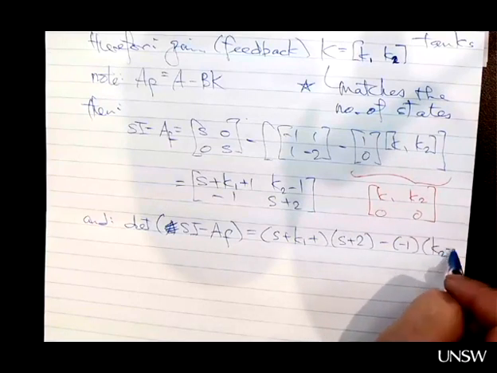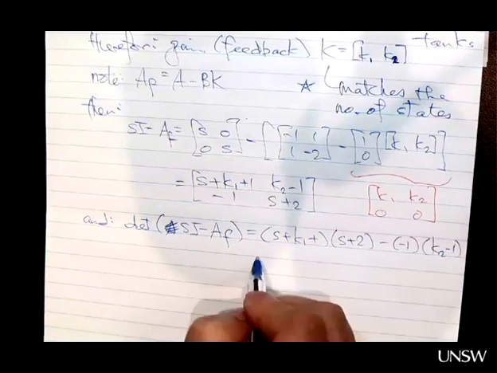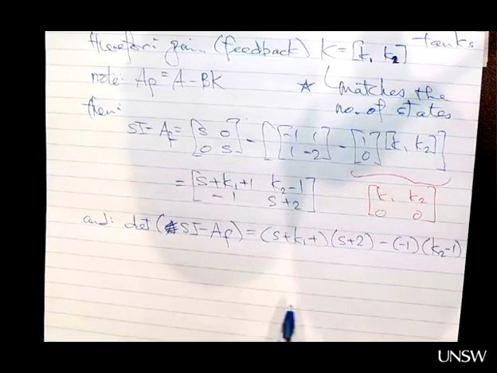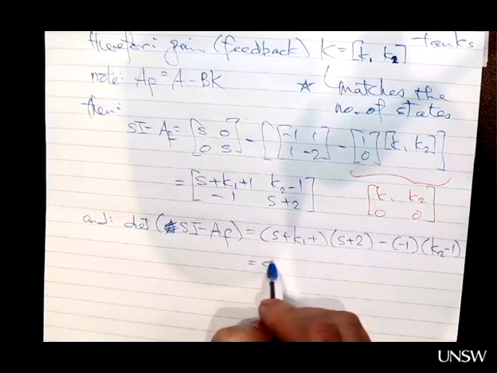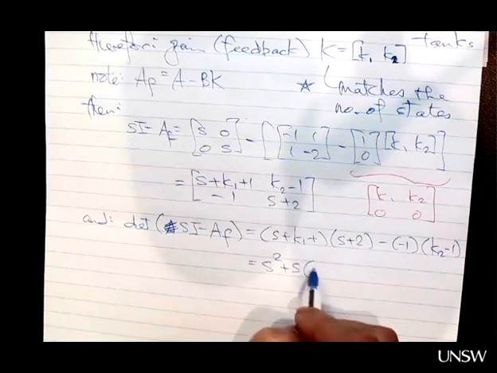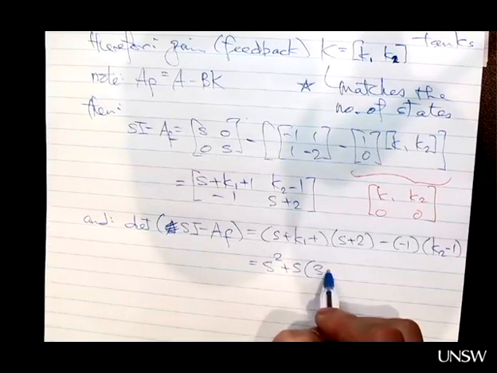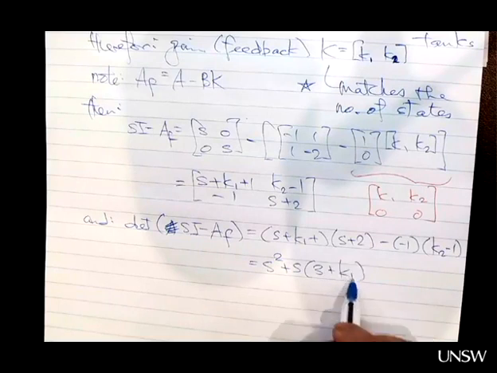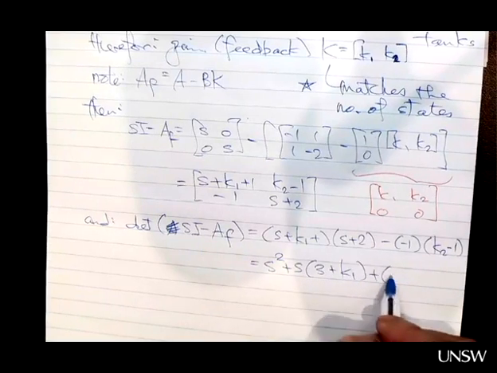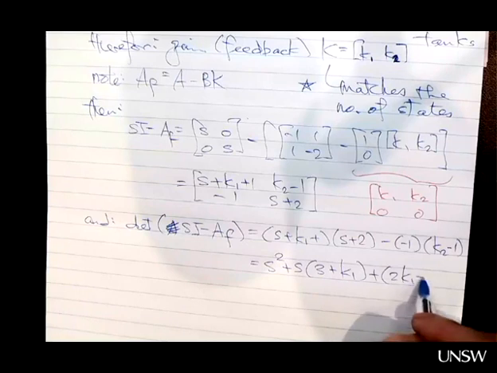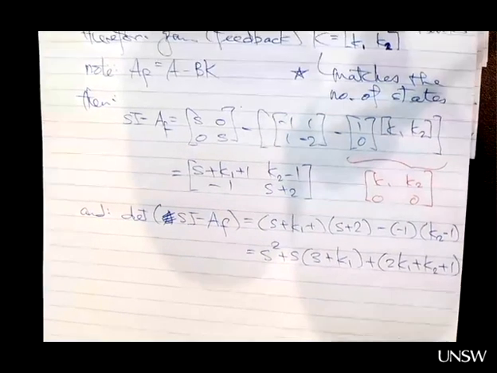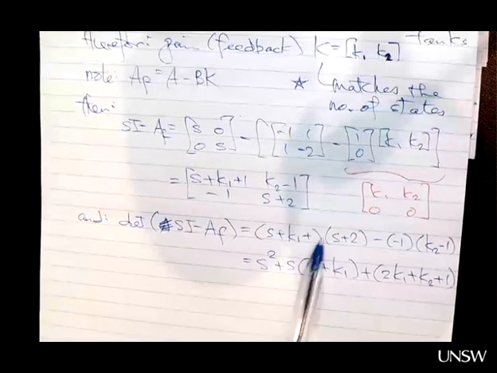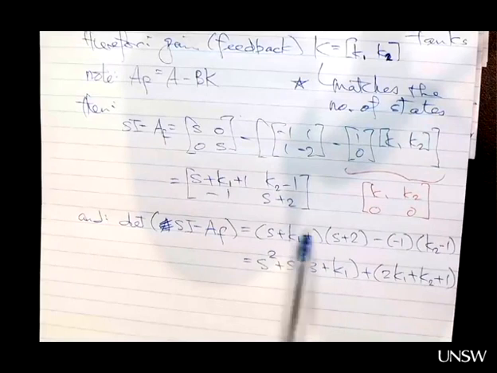So it is equal to S squared plus S3 plus K1 plus 2 K1 plus K2 plus 1. If we work out the calculation here, we find that the determinant equals this.